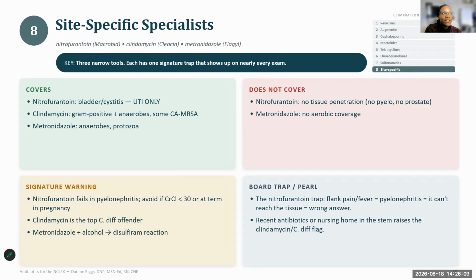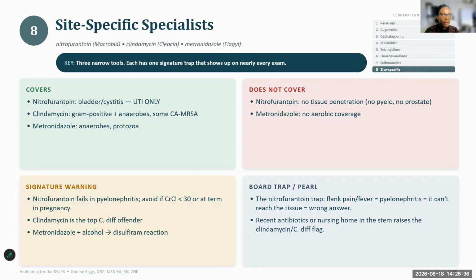Okay, your site-specific ones. Nitrofurantoin falls under that umbrella, covering your gram-positives and community-acquired MRSAs, but this does not cover you if you need tissue penetration or it's an upper urinary tract infection.